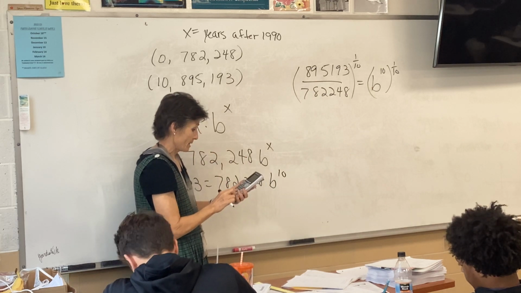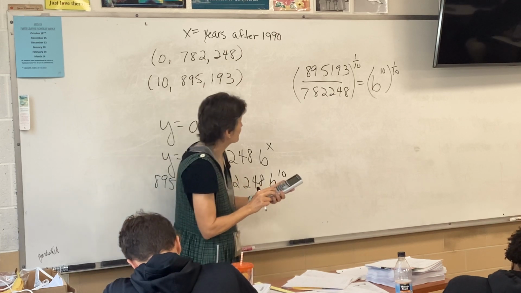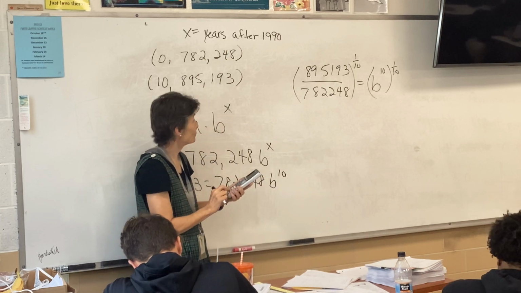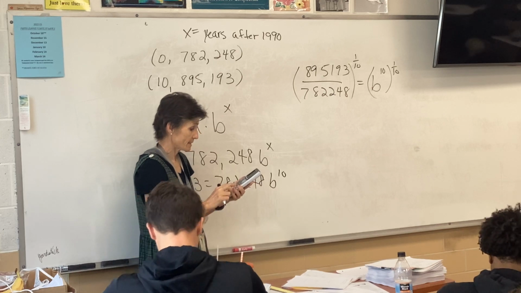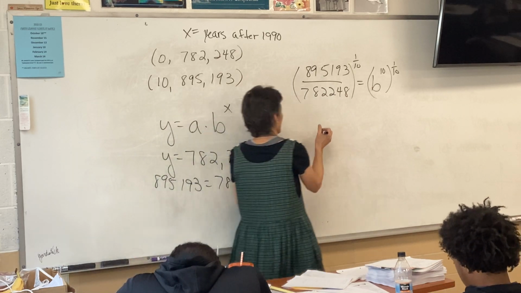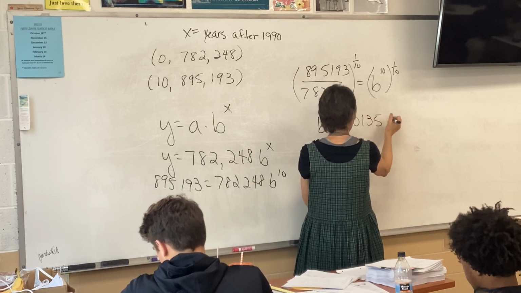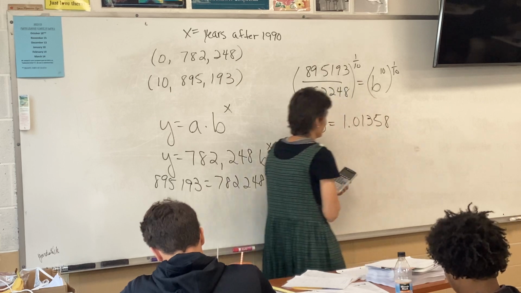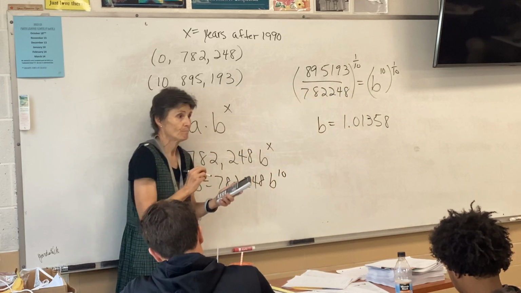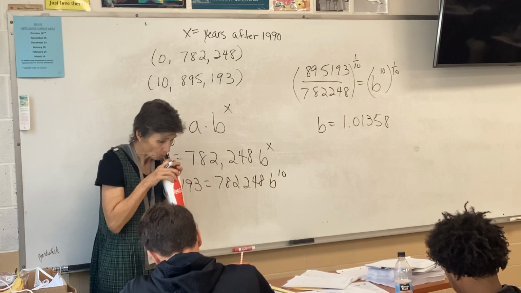So 895,193 divided by 782,248 raised to 0.1 power. Did you get 1.01358? I rounded off at some point. Is that what you got? Somebody else, please, get that? Yeah.